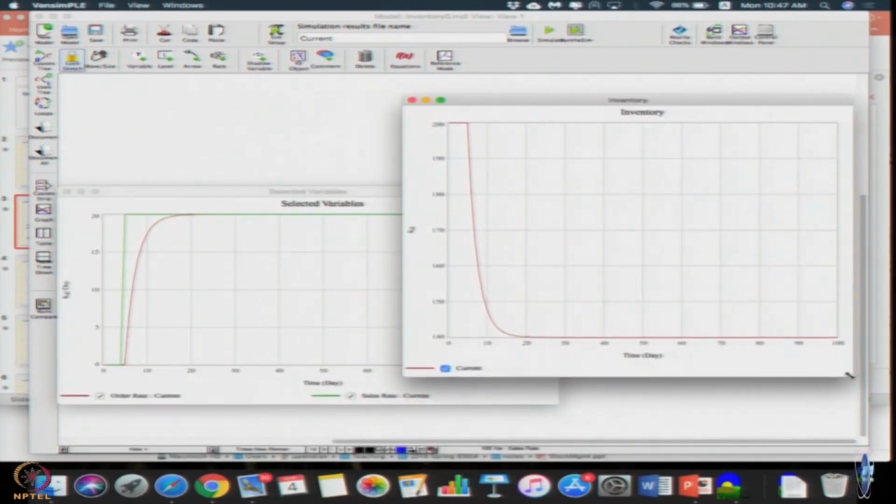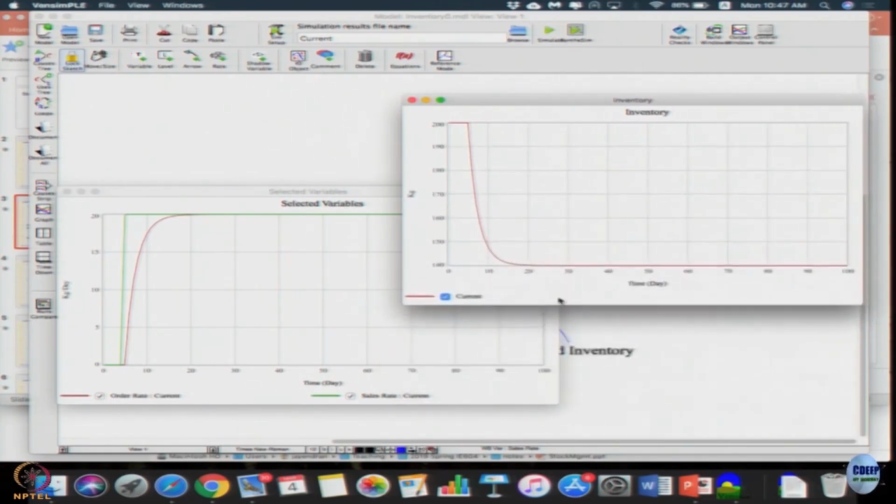We have already seen this when we were discussing negative feedback systems. In the face of constant exogenous output, the system reaches equilibrium, but at a value different from the desired value, by an amount equal to the time to adjust inventory multiplied by the steady state value of the sales rate in this particular case.